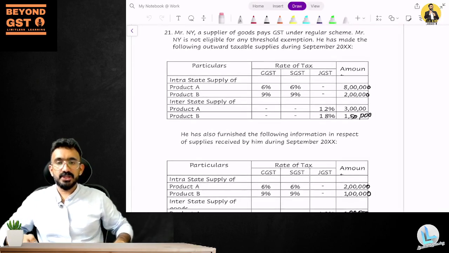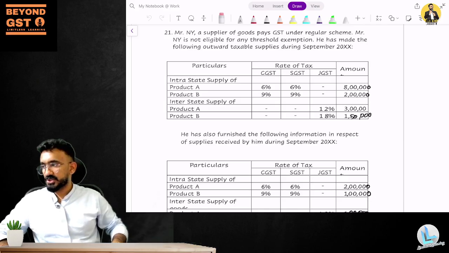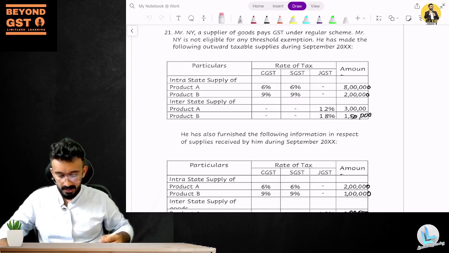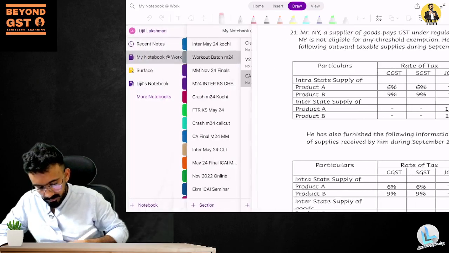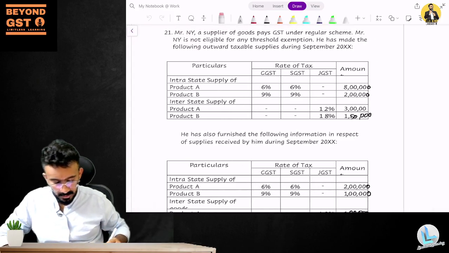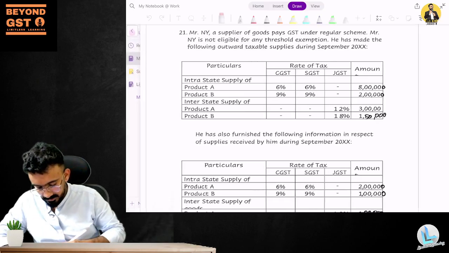We'll solve question number 21 in the value of supply chapter. Simple, straightforward, net GST computation it is.